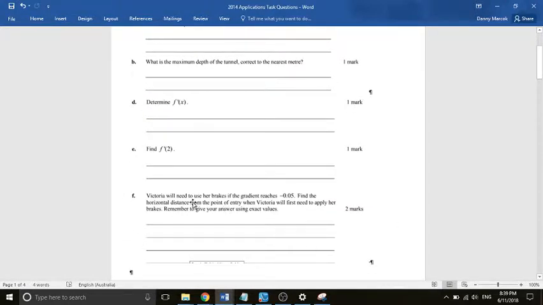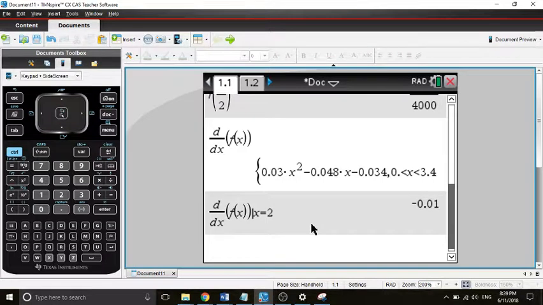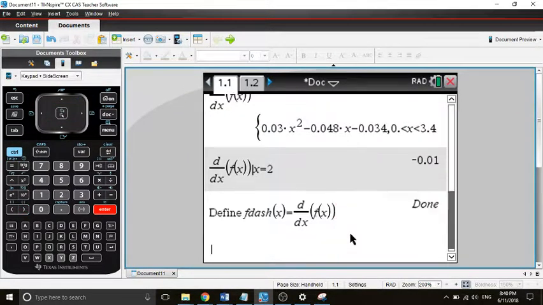Okay, Victoria needs to use her brakes when her gradient reaches negative 0.05. Find the horizontal point of entry when she first needs to apply her brakes. Remember to give your answer using exact values. So we want to find out where our gradient reaches negative 0.05. We'll redefine the function: define f dash of x equals the derivative.